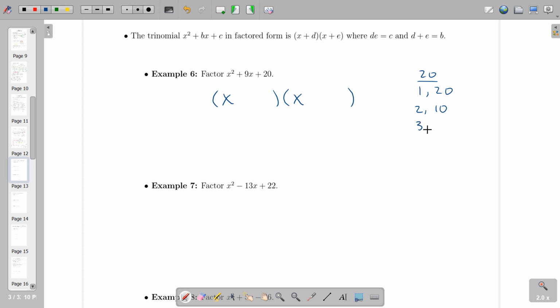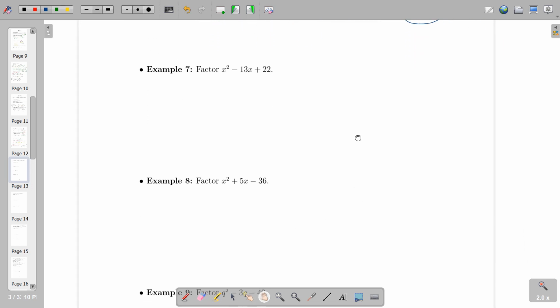You list out the different ways to multiply to make that number, and you see, do any of them add up to make the middle term? And you can see here, 4 plus 5 equals 9. And so that means we can confidently say it's 4 and 5. Okay, so that's just like the examples on the previous page.